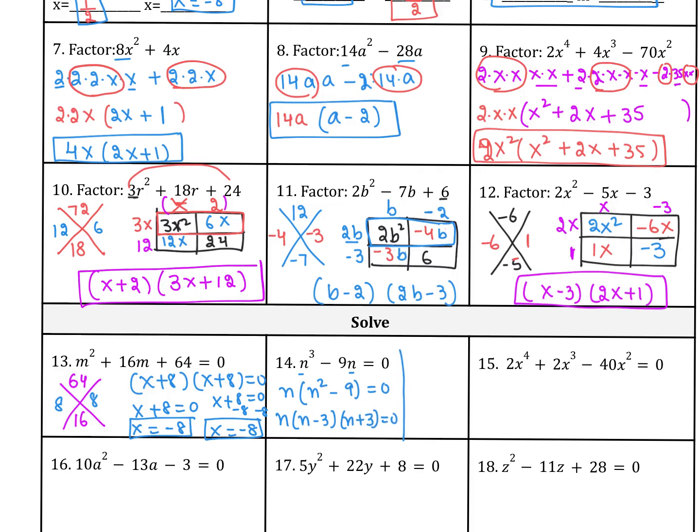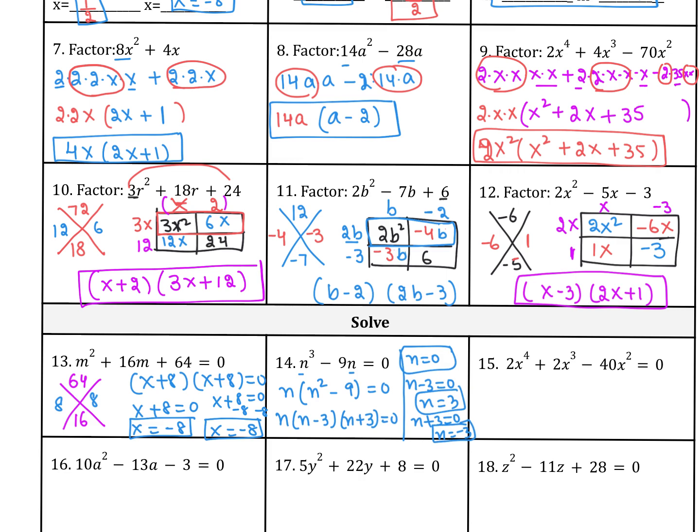You put them equal to 0 one by one, so n equals 0, n minus 3 equals 0, which means n is 3. And then n plus 3 equals 0, so n is -3. 0, 3, and -3.